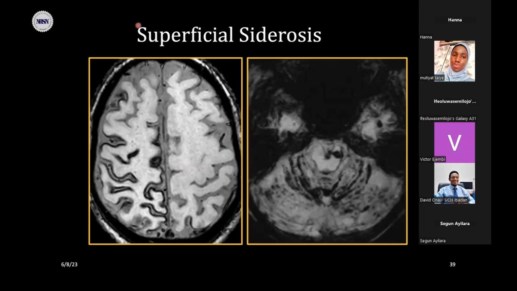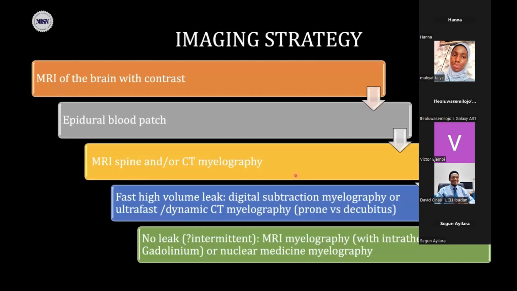So when we see images of patients with superficial siderosis, we should also think about the possibility of them having CSF leaks, adding to the symptoms that they are presenting with. And this is thought to be the margins of the torn dura bleeding and causing this hemosiderosis layering on the brain. So how do we approach the imaging for such a patient?